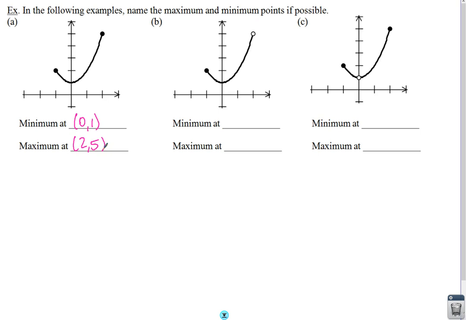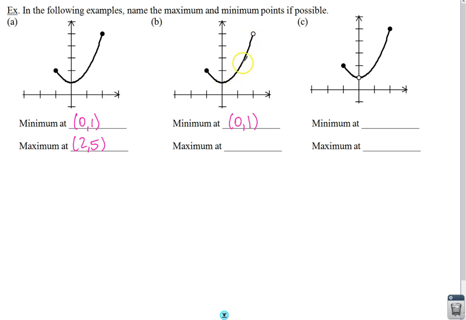Okay. For part B, the minimum is going to be at 0, 1. Where's the maximum? Well, this curve looks a lot like this curve over here, but notice this curve has an open circle right here. So that means this point technically does not exist on my function. I get infinitely close to it.